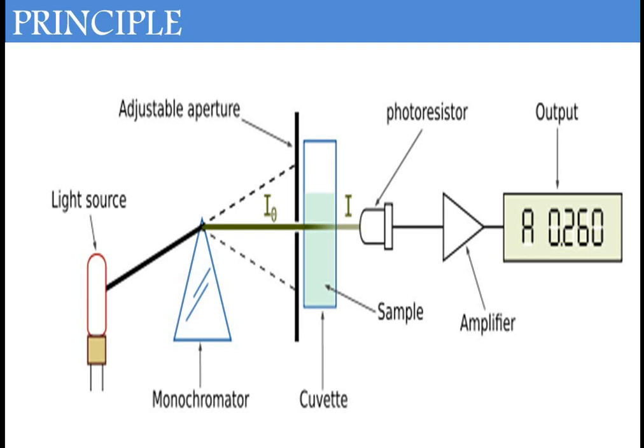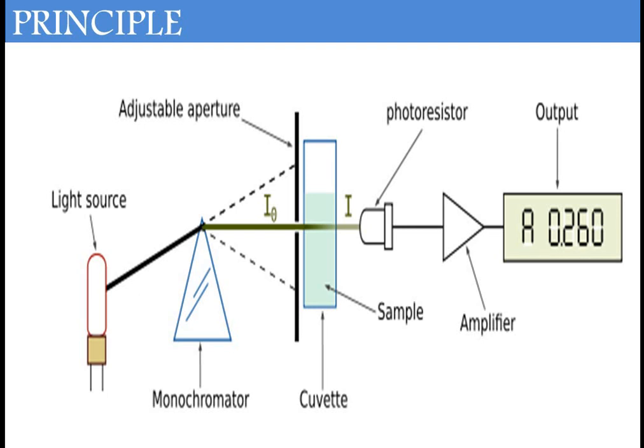Spectrophotometer is made up of two instruments: one is spectrometer and another one is photometer. The spectrometer is to produce a light of any wavelength, while the photometer is to measure the intensity of light.